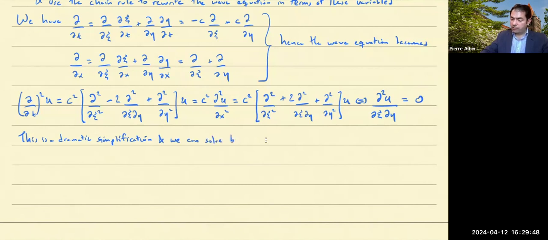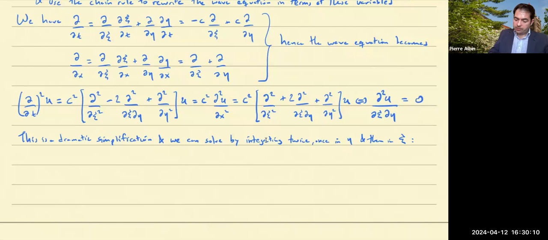Well, this is a dramatic simplification. And we can solve by integrating twice. Once in eta, say, and then in xi. Right? So let's do that.